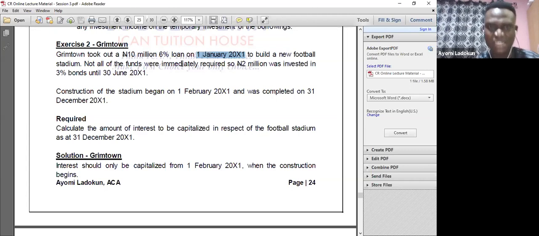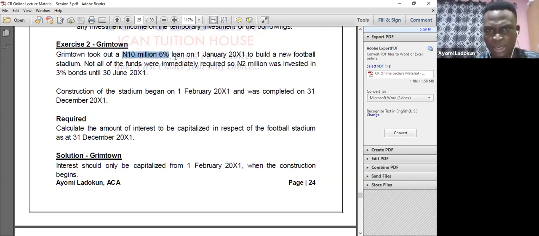So I will now say 6% multiplied by 10 million. They did not give me information about suspension or cessation, so I assume it goes throughout the year. If I calculate 6% of 10 million, that should be around 600,000 if I'm correct. In case I'm not correct, I'm very sorry, because I'm not really using a calculator because of time.